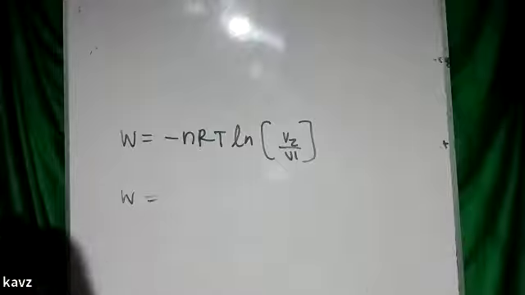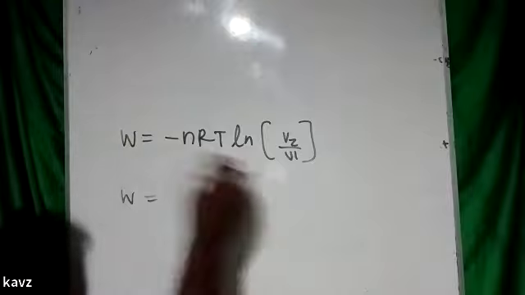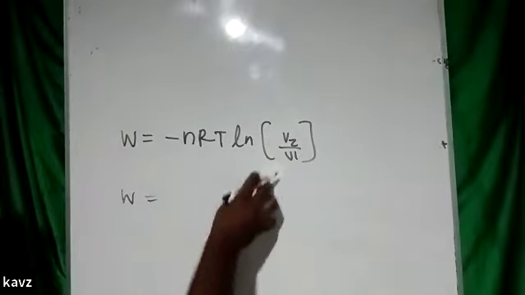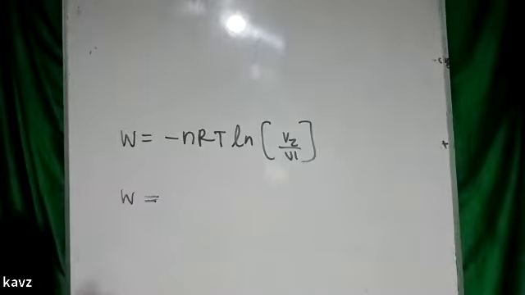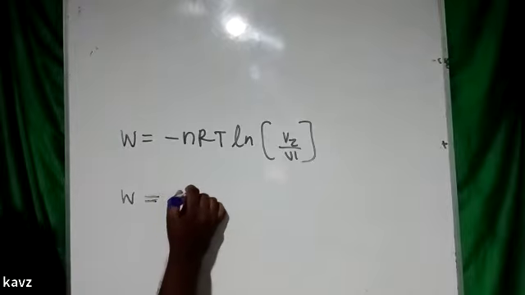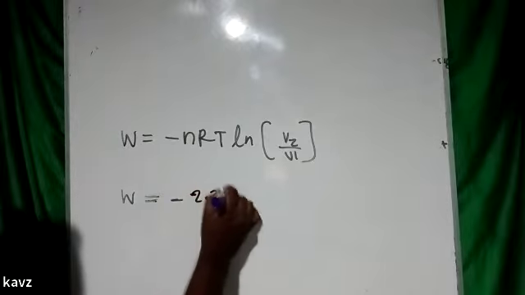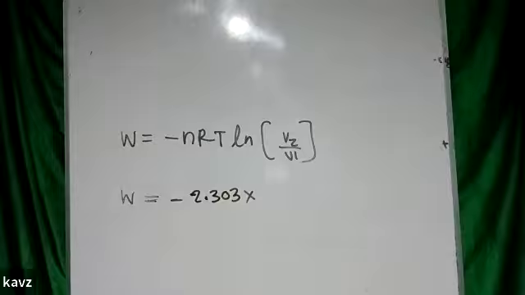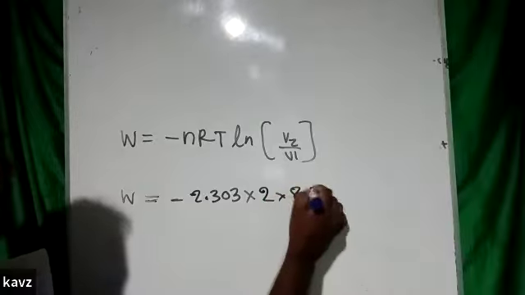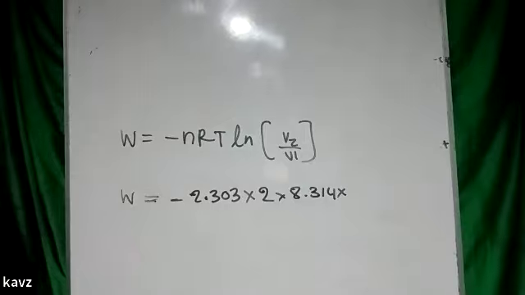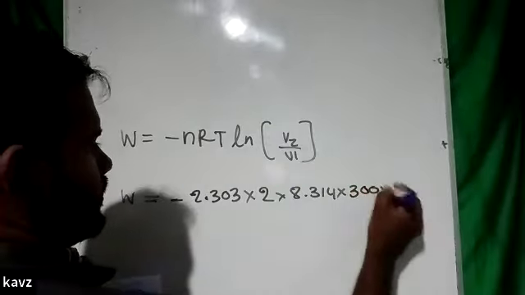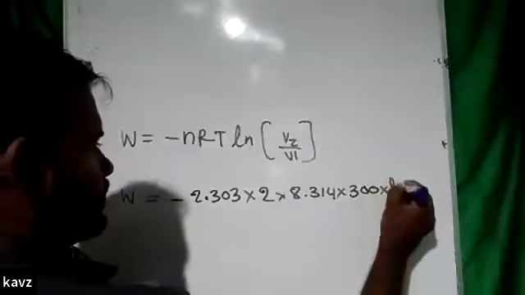Okay, let's see. 2 moles. Before that, we don't know about ln base, so first we have to convert this into log base. First of all, I have to multiply the expression by 2.303. The number of moles is 2, R is 8.314, and the temperature is 300.